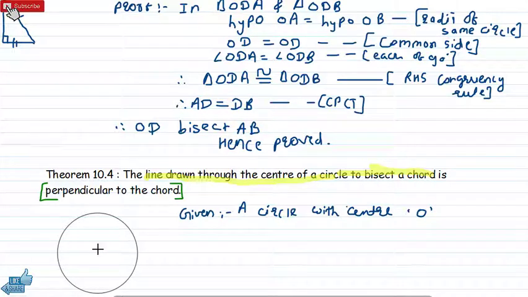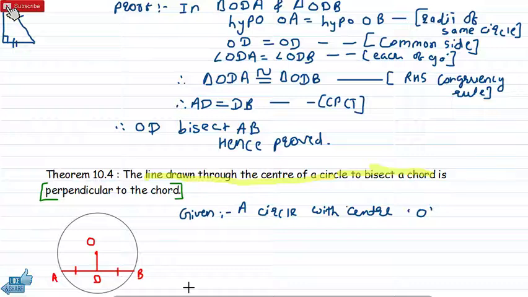First of all, this is our center O. This is our chord AB, and this is the bisector. Here it is D, and what is given? AD is equal to DB.